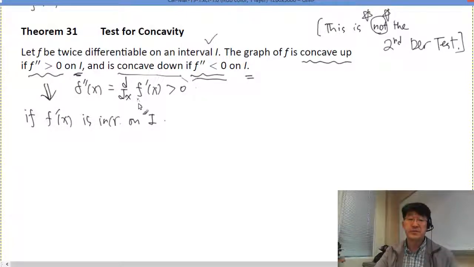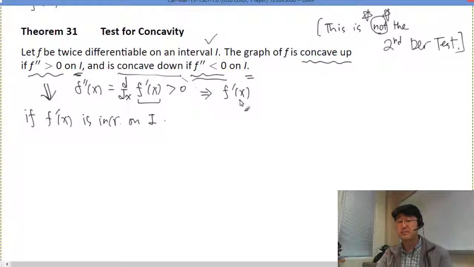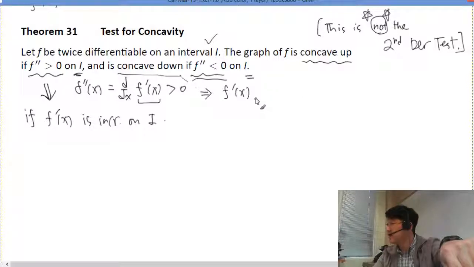If the derivative of some function is positive, what immediate conclusion do we have about that function? That function inside there is increasing, right?